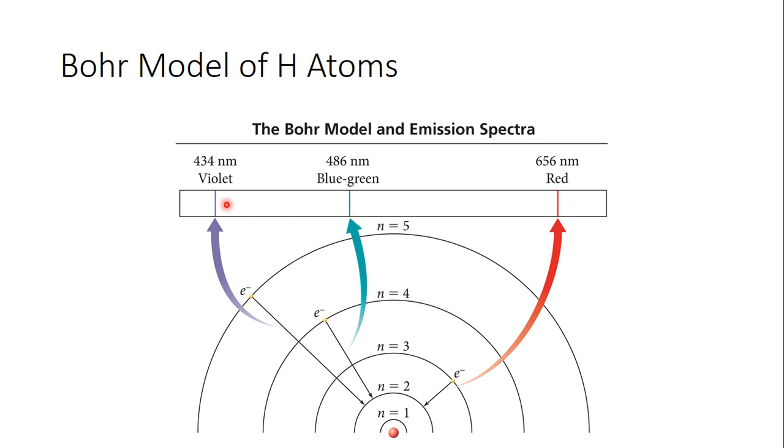If you notice, violet light, 434, is higher energy than blue-green light at 486 because the jump was bigger. Now going from energy level 3 to 2, you give off red light, which is even lower in energy because this gap is so small. That's basically the whole idea of the Bohr model.